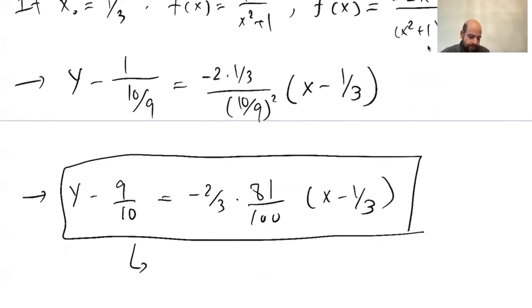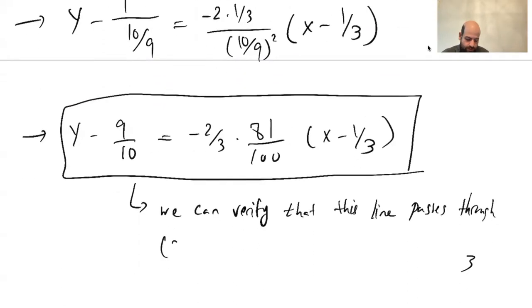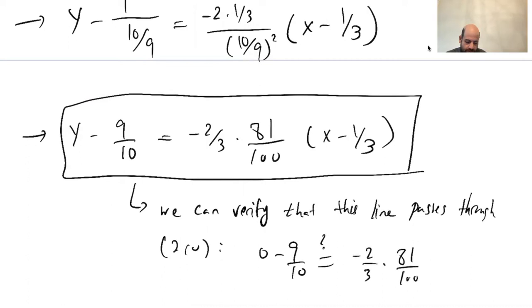So we can verify that this line passes through (2, 0). Why? Because 0 minus 9/10, is it equal to minus 2/3 times 81/100 times 2 minus 1/3?